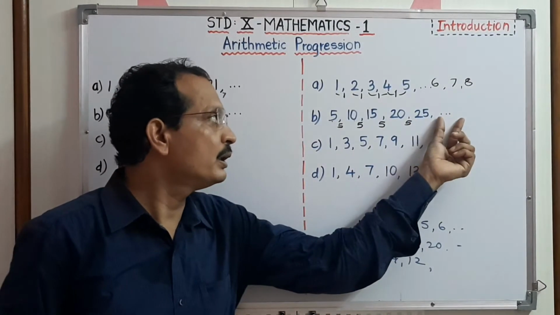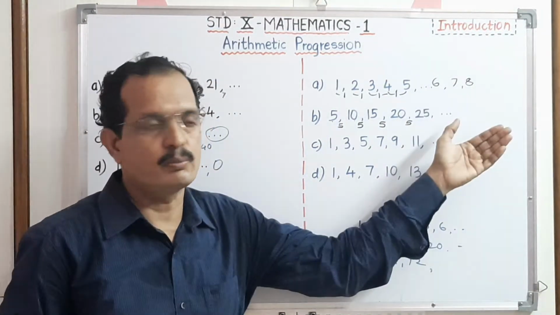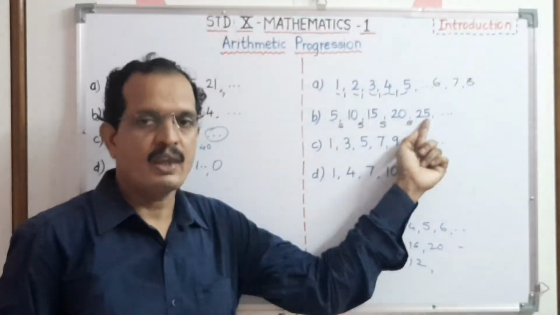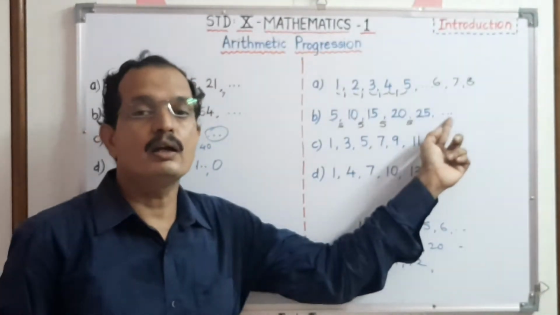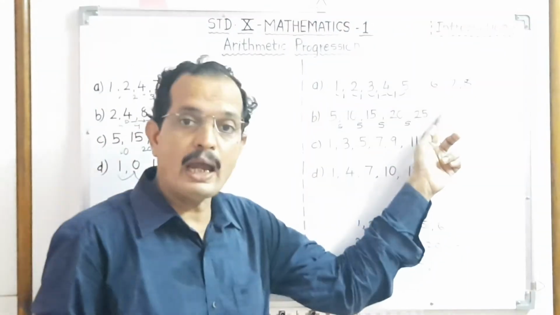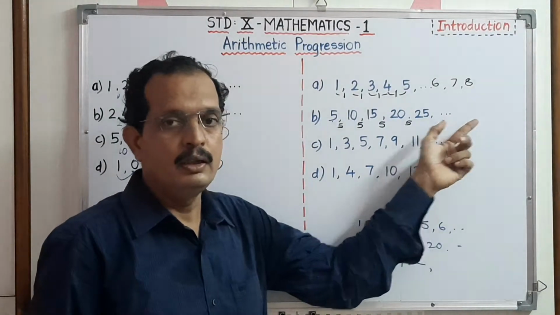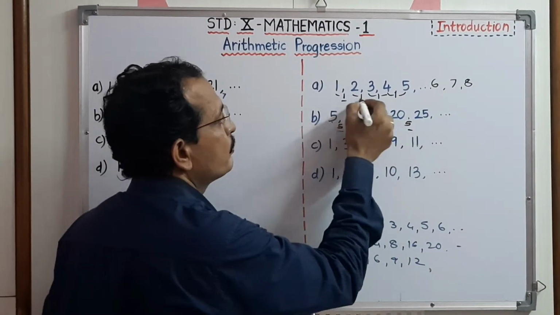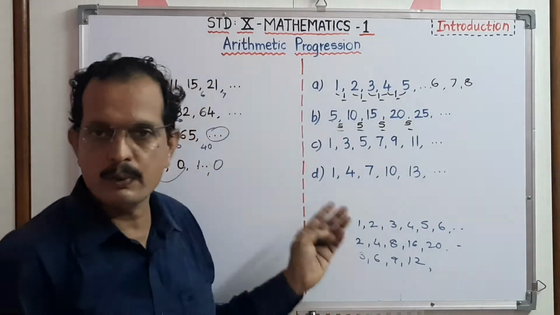To find the next number, I have to add 5 to this 25. I will get 30. For getting the number after 30, I have to add 5 to that 30. That means here 5 is a constant number which is added to the previous number.